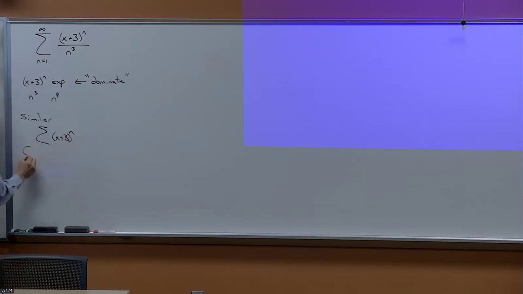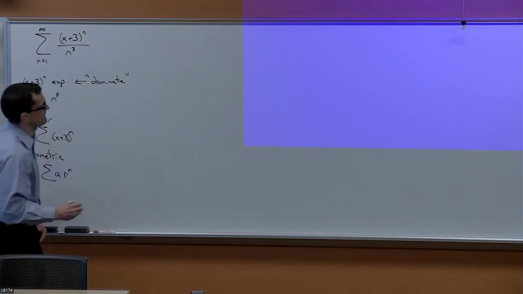I think about that as a geometric sum of a times r to the n. Here the a would be an implied coefficient of 1. The r would be x plus 3.